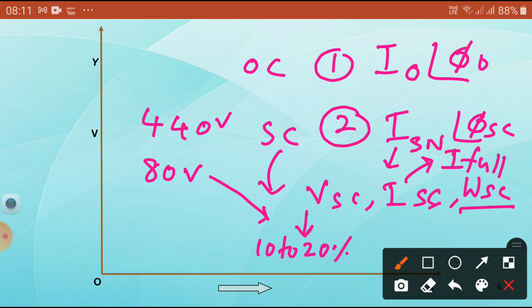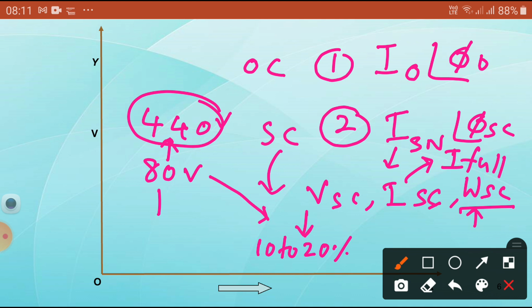Suppose instead of 80 volts I gave the 440 rated voltage, what power would our motor consume? We are going to calculate that, the calculation of ISN.